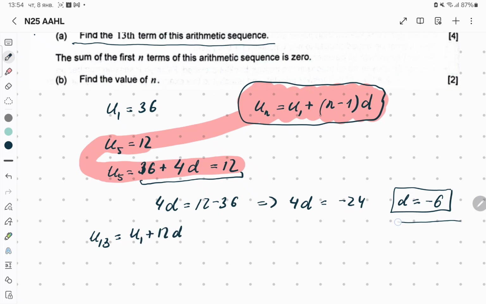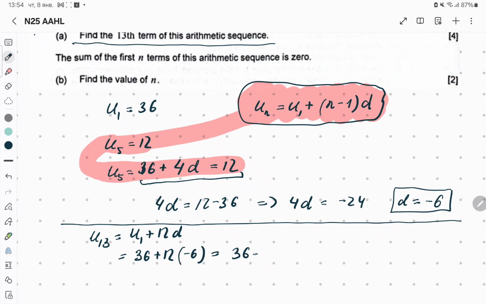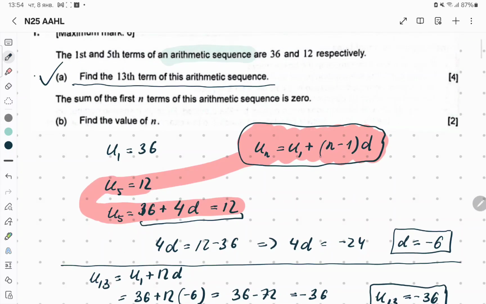I'll separate by a line. Now let's plug in everything that we know: 36 plus 12 times negative 6. So it is 36 minus 72, which is negative 36. So the answer is u13 is equal to negative 36. Okay, part A is done. Congratulations.